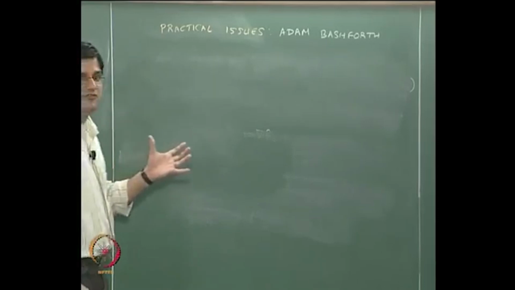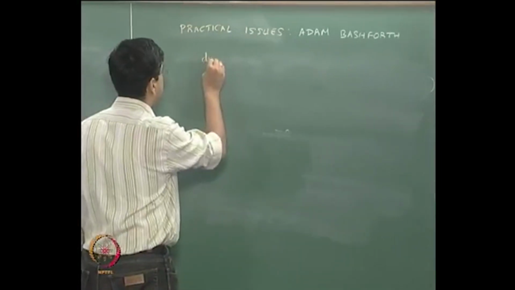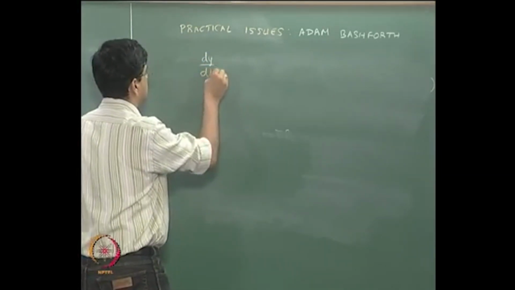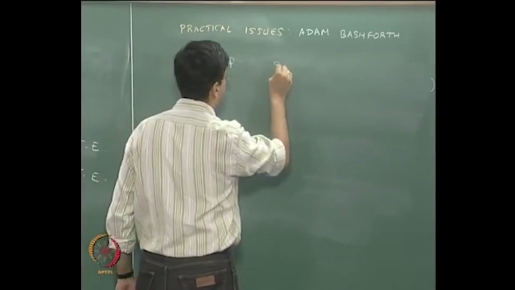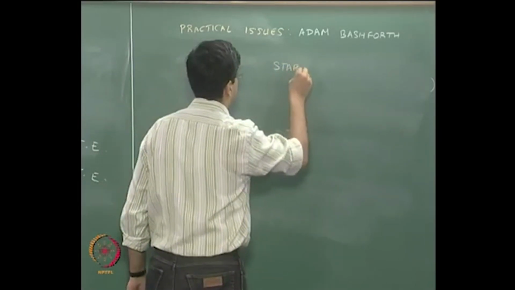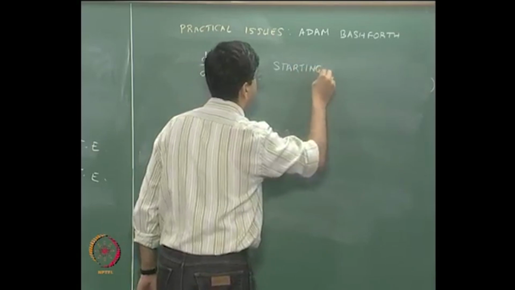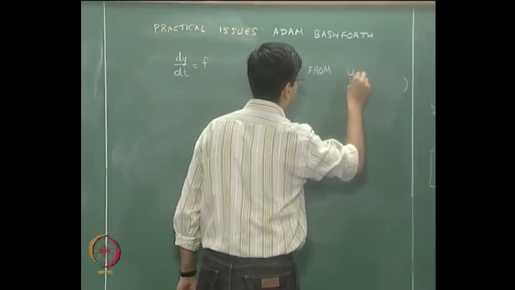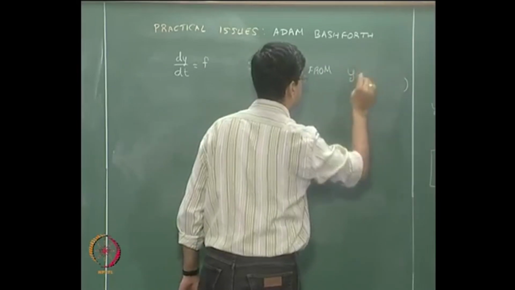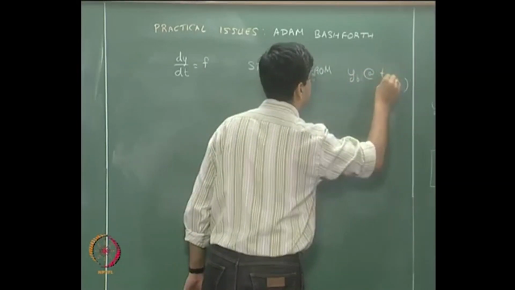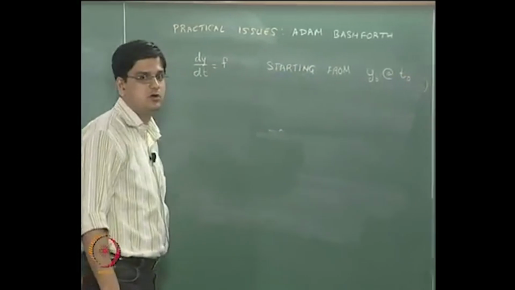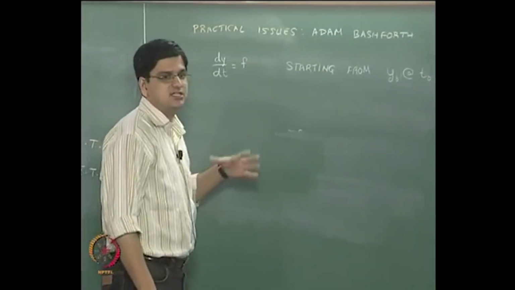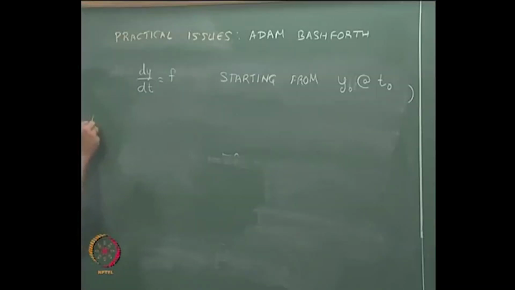So we start off with dy/dt equal to f, starting from y0 at t0. Okay. Now when we start, let us consider the Adams-Bashforth third order method.